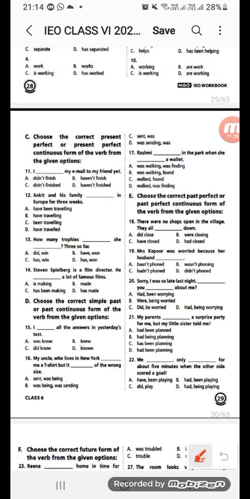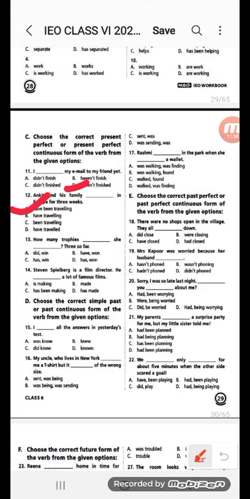So, number 11, I haven't finished my email to my friend yet. Number 12, Ankit and his family have been traveling Europe for 3 weeks.